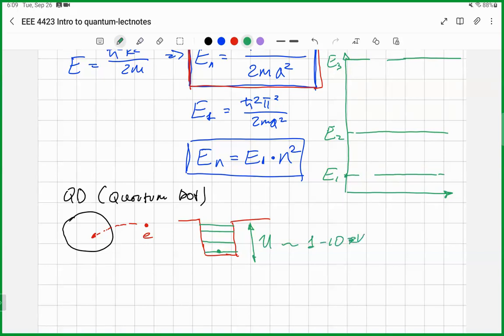And the point is that when the quantum dot traps the electron, now it behaves as an atom. For example, it can capture a photon. The photon can cause the electron to transit to the excited state, for example, and then when the electron transits down to the ground state, it can re-emit the photon.